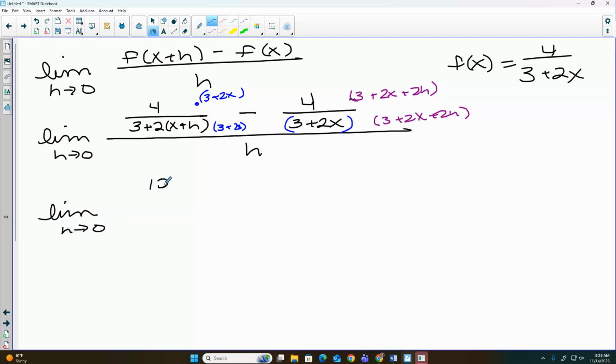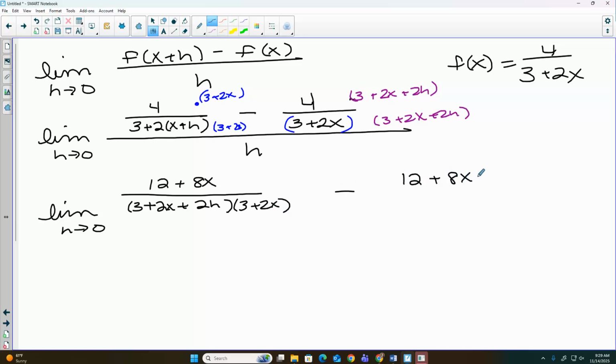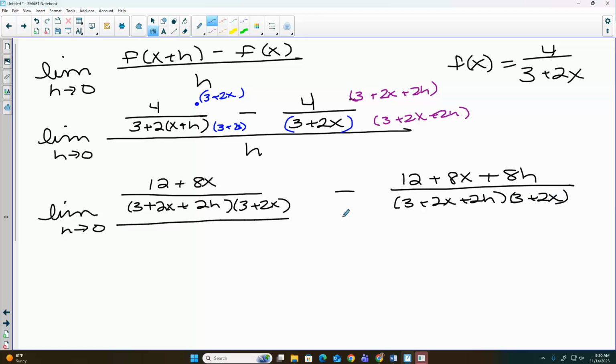So we get 12 plus 8x over our denominator, minus, distribute our 4, so 12 plus 8x plus 8h over our denominator. And that is all over h.